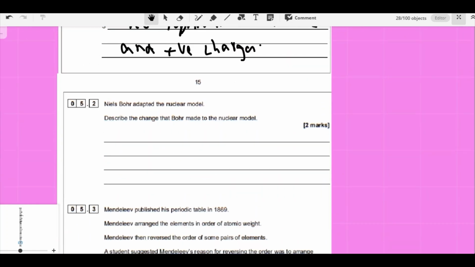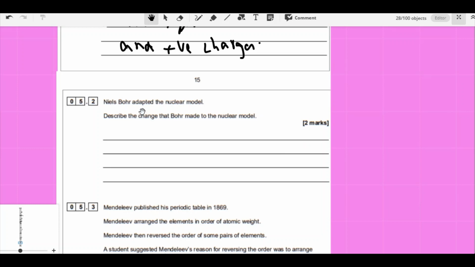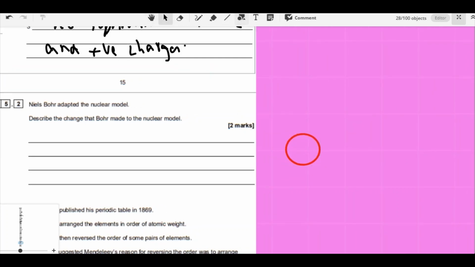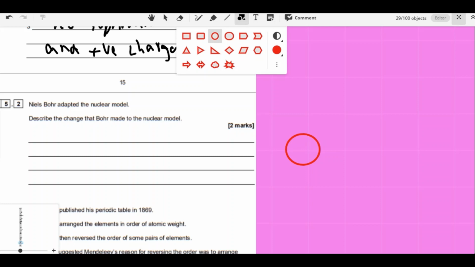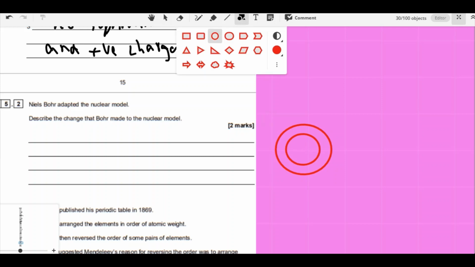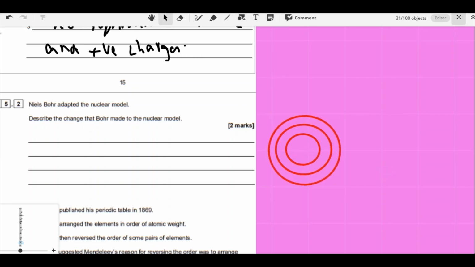Alright. Okay, next question. Niels Bohr adapted the nuclear model. Describe the change that Bohr made to the nuclear model. In the nuclear model there is a defined nucleus, and according to Niels Bohr, they define shells or orbits.